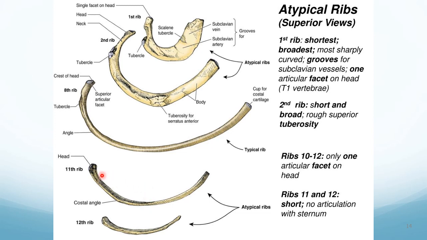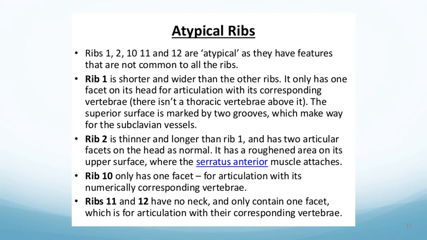The last two ribs have no neck or costal tubercle. So these ribs are atypical ribs. This is the information about atypical ribs, and why each rib is atypical.